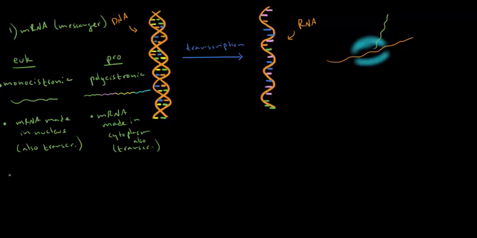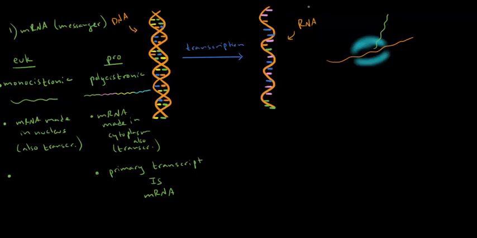And the last difference I want to mention is about the primary transcript, which I'm going to explain in a moment. The primary transcript refers to the RNA that's made during transcription. In prokaryotic cells, the RNA that's made is mRNA, ready to go to the ribosome and be translated.